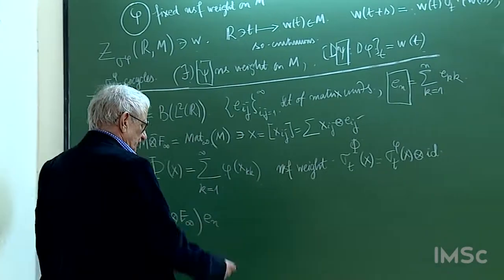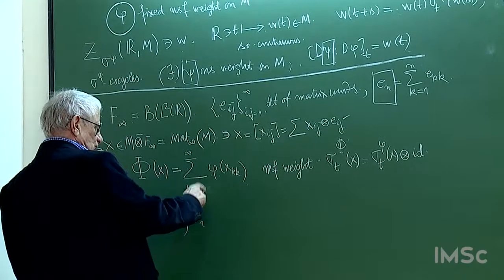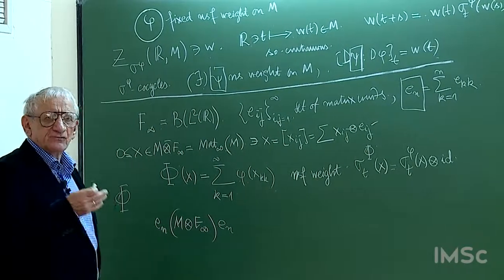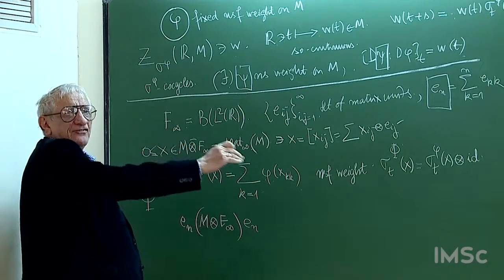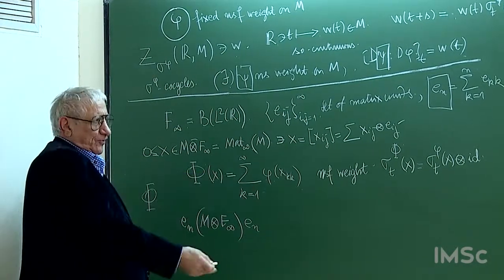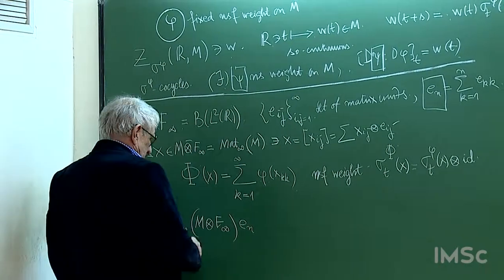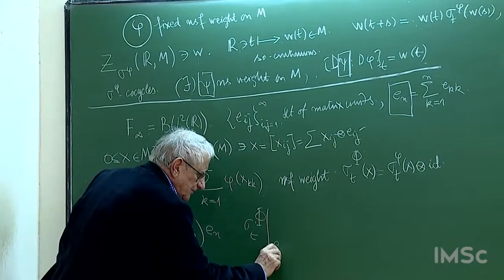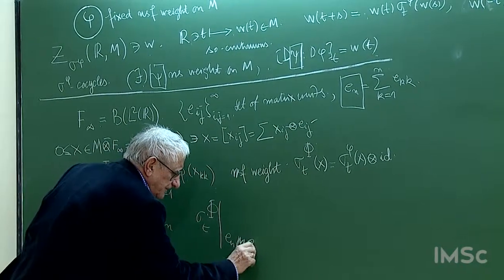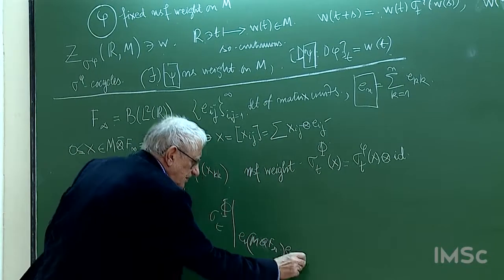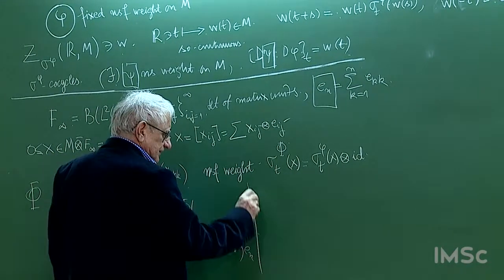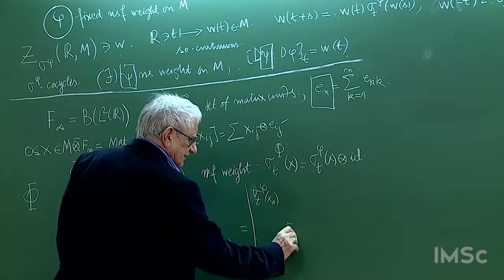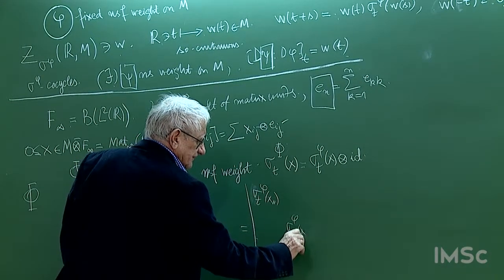The restriction is the sum from k equal to 1 to n. But this is exactly the balanced weight. You put phi on the diagonal. And we saw that then sigma_t^Phi restricted to E_n (M tensor F infinity) E_n will be equal to sigma_t^phi of x_11 up to sigma_t^phi of x_nn.